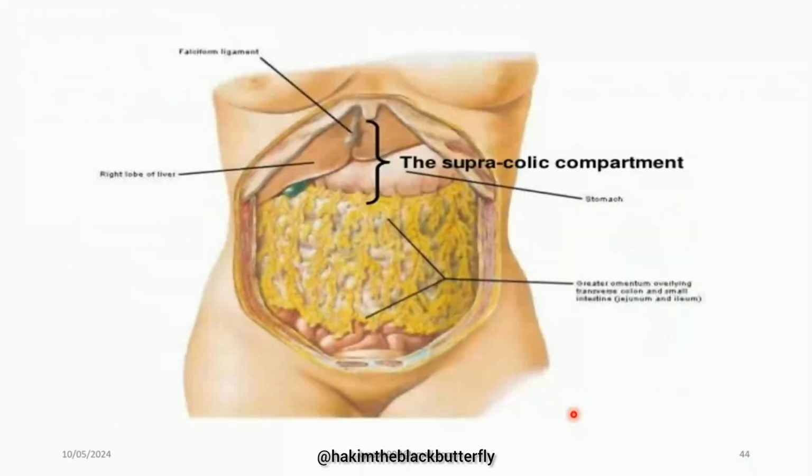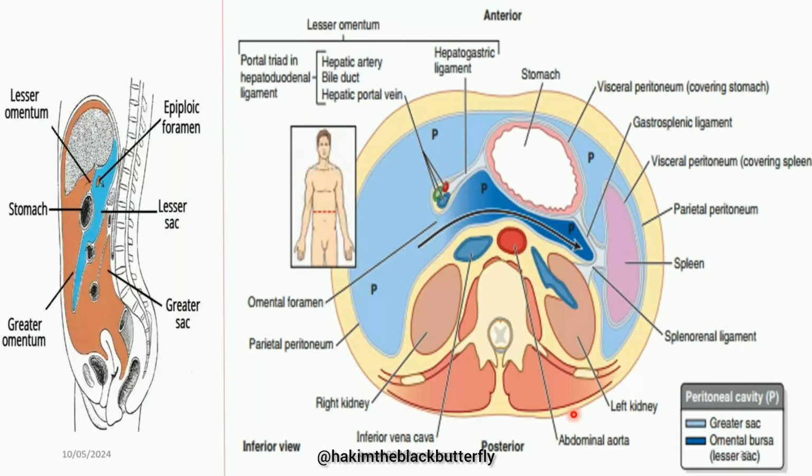The great omentum, yes, it has 4 layers. I didn't want to go into depth of it. You can see this layer in front of the stomach, behind the stomach. These two make the anterior portion of the great omentum.